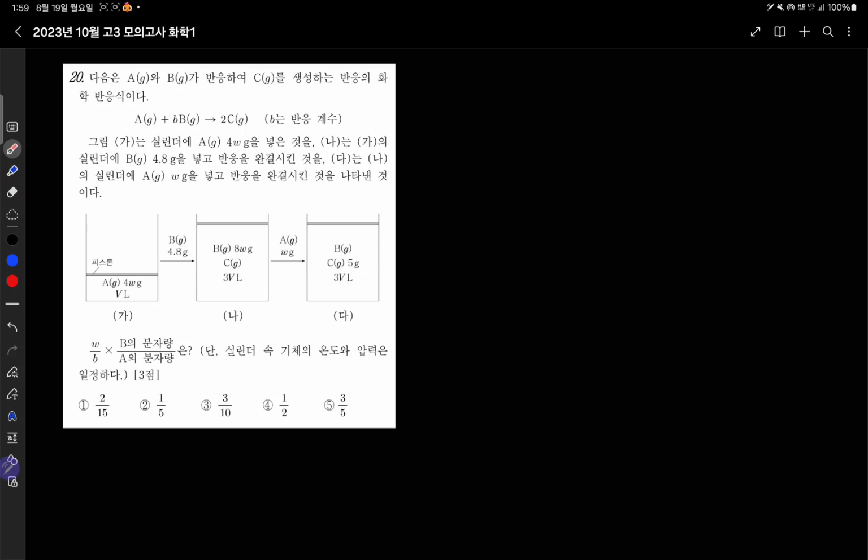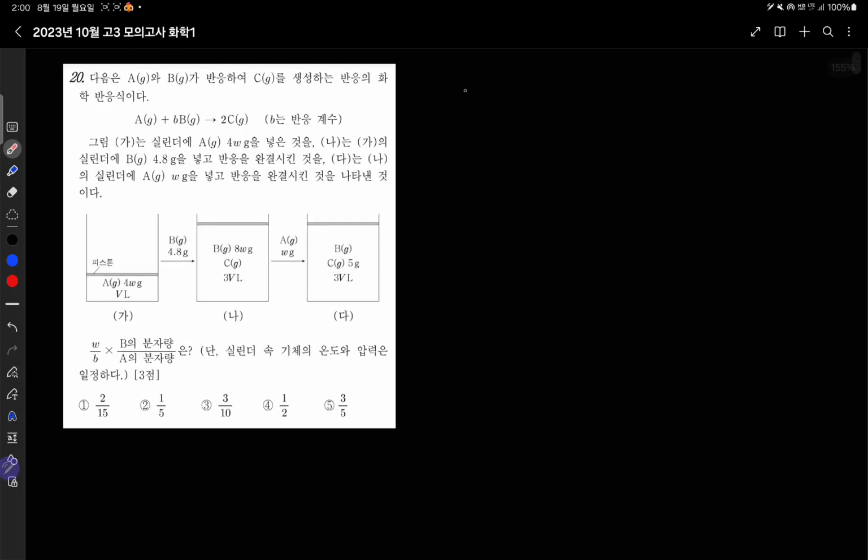So in the case of gas reaction, I like to think that the gas on the reactant side are diatomic molecules, so that I don't have to split the atom to make the new molecule.